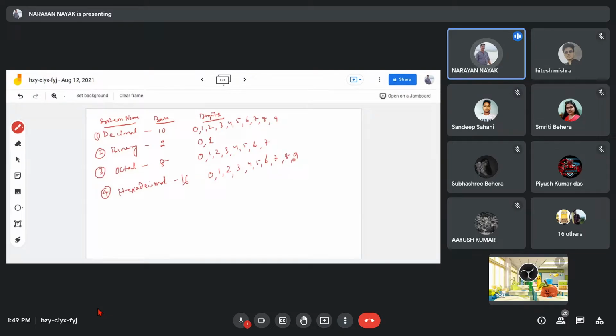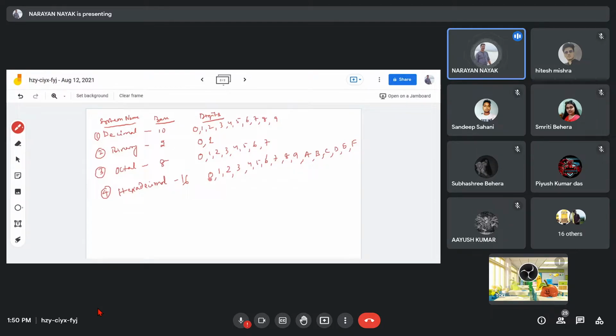Instead of 10, we represent A. A is represented as 10, B as 11, C as 12, D as 13, E as 14, F as 15.